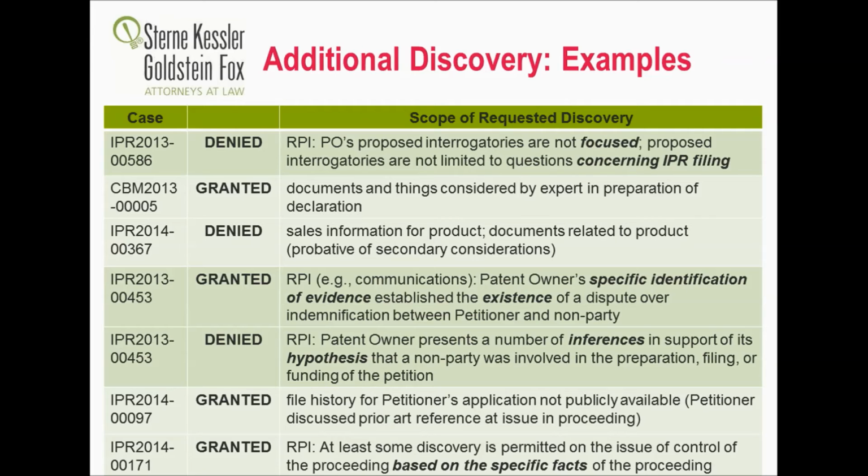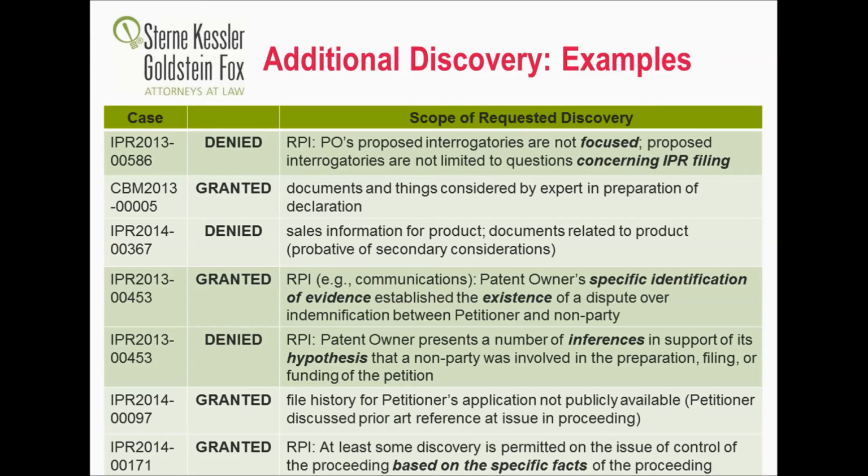Then we see a couple more RPI, real party in interest, cases, where the patent owner is trying to get an indemnification agreement. They granted it where the patent owner had evidence that established the existence of a dispute over indemnification.